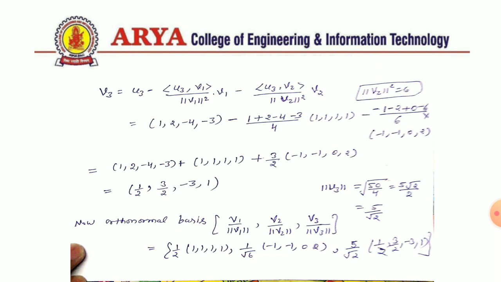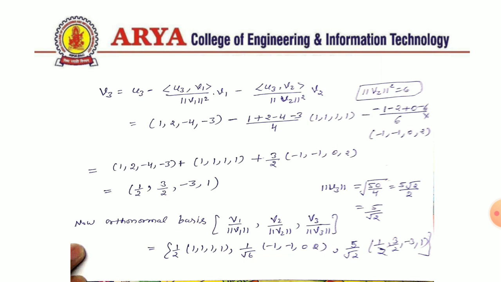Inner product of U3 with V1 means dot product of U3 with V1, then we get 1 plus 2 minus 4 minus 3 upon 4, and in place of V1 we put 1 1 1 1. Similarly, we put all the quantities in the third term.